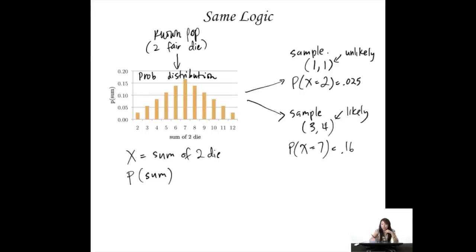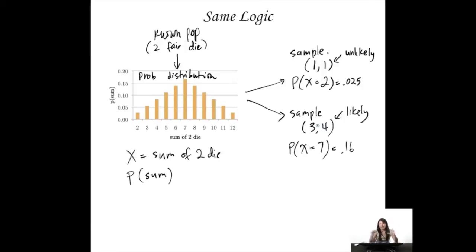If we got this sample, we would say it's pretty likely that it came from fair die. If we got the other sample, we might say it's less likely. It's not that we stop here and say these die are unfair, because there is still a chance that you could get this, but it's just less likely, and this is just more likely. So we're judging them relative to each other.